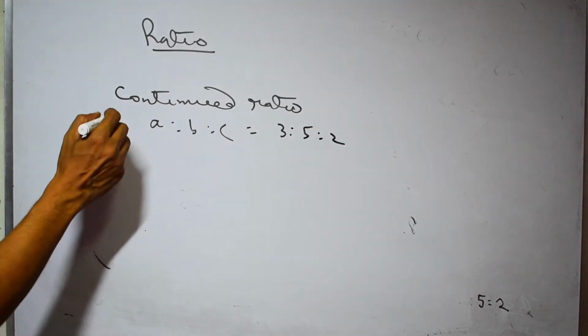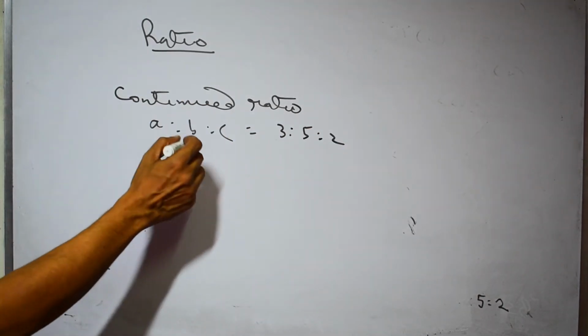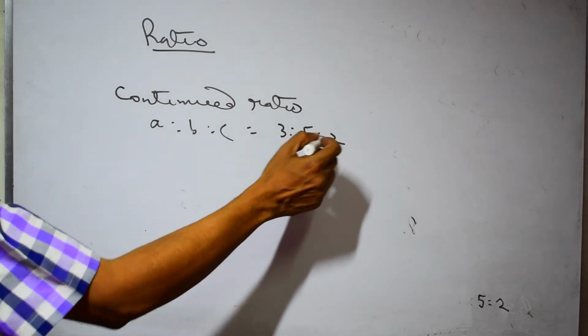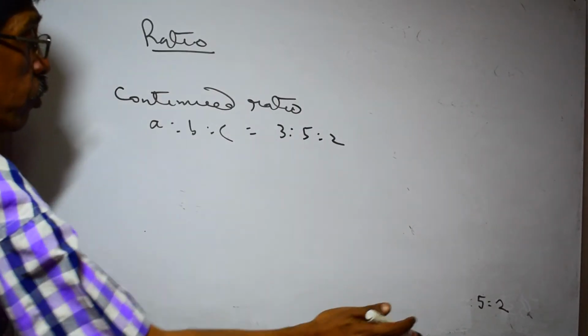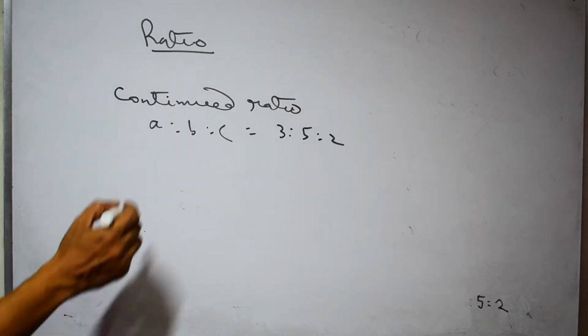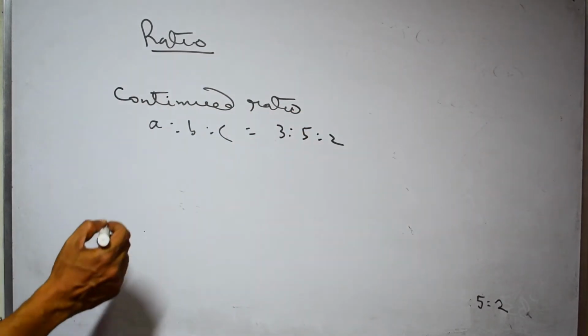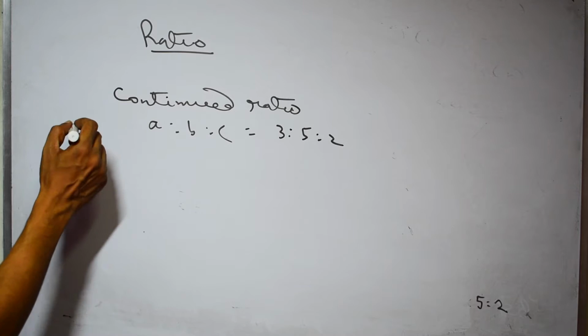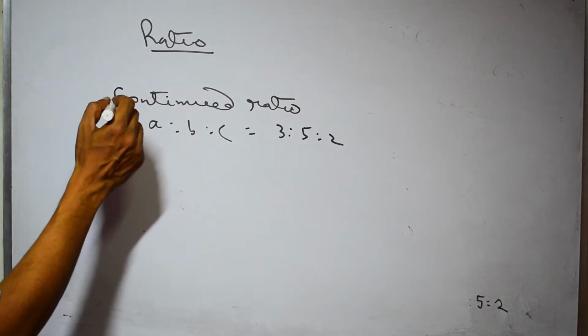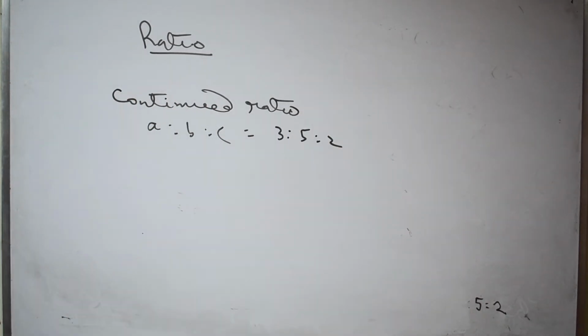So the idea is A divided by 3, B divided by 5, and C divided by 2 are equal. This is the continued ratio, A is to B is to C, and that is given as 3 is to 5 is to 2. That is the example.